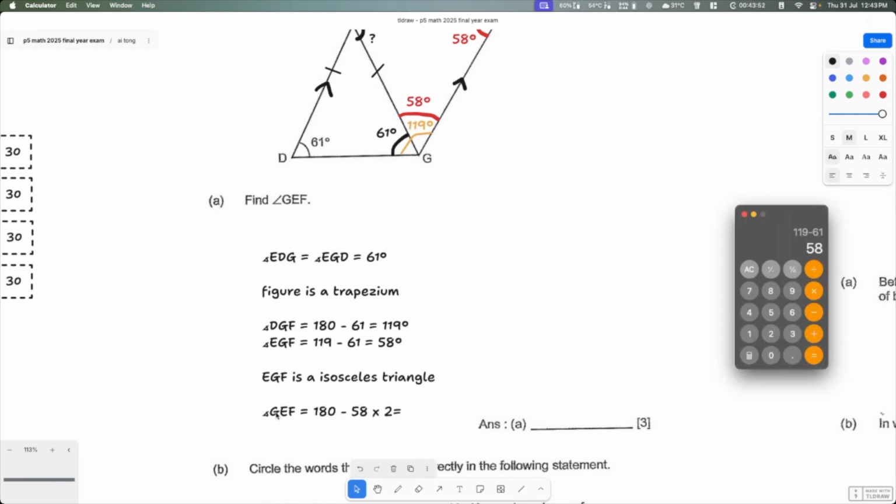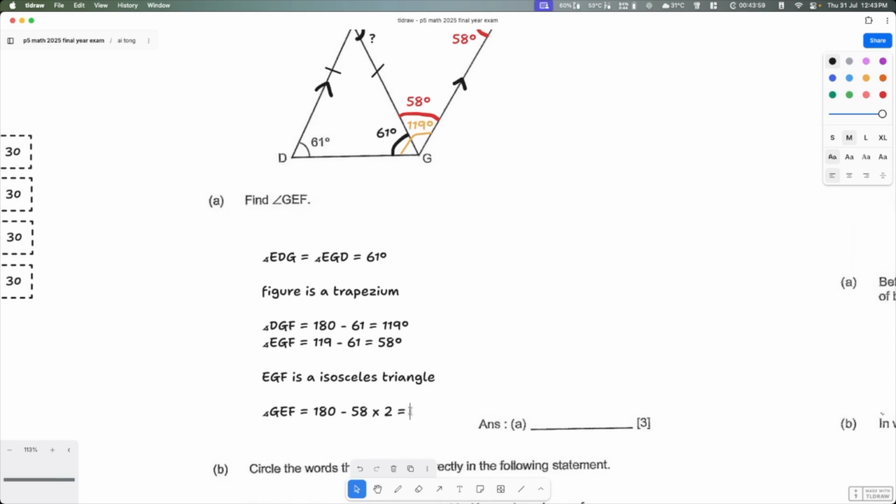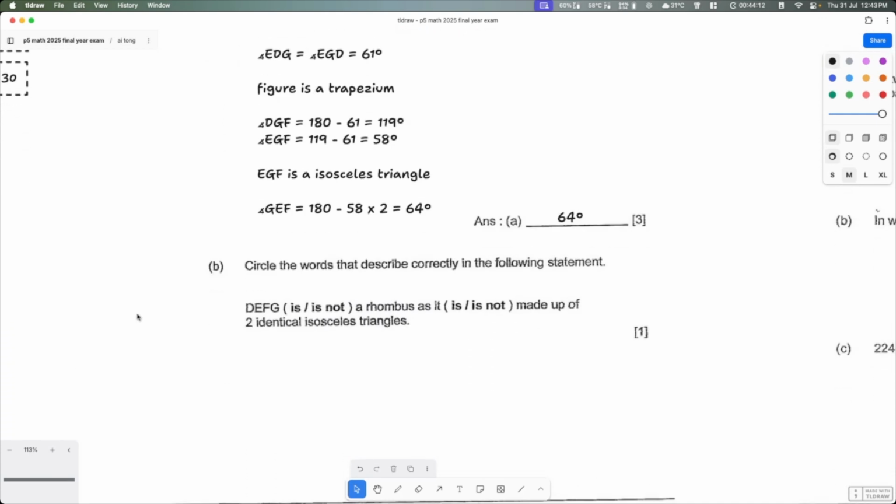Let's use our calculator: 180 minus 58 times 2 will be 64. So the answer is 64 degrees. Okay, next one.